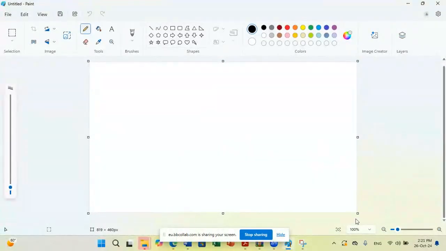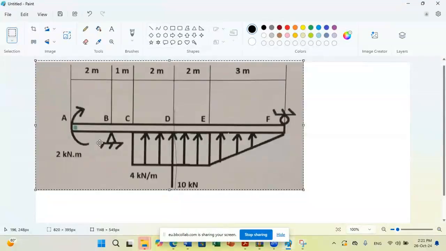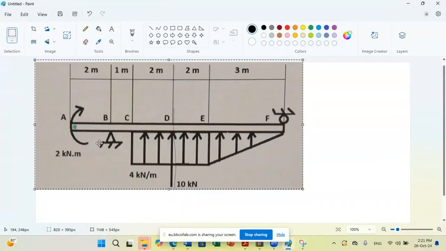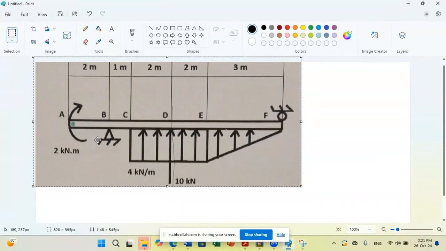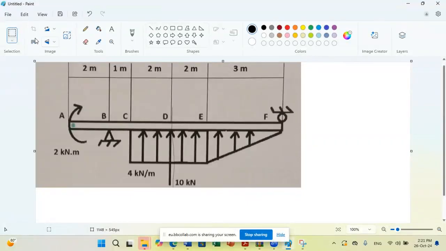Okay. Next step, we will draw the shear and bending moment diagrams. Let us do it together. So this is my beam, and I want to draw the shear diagram first.